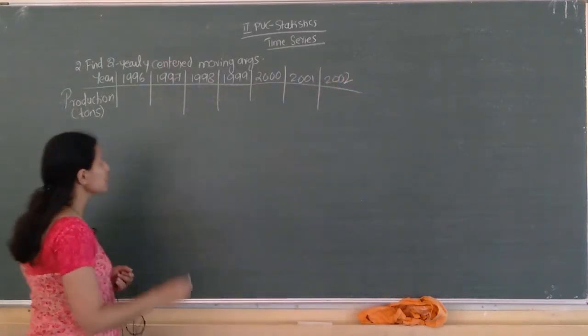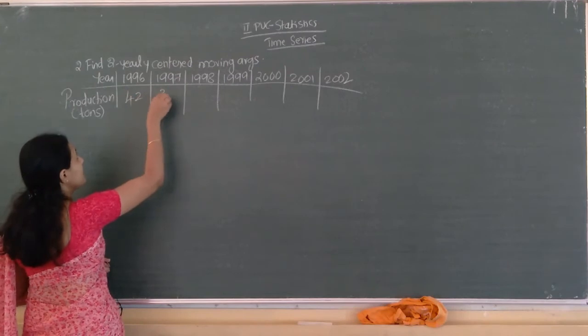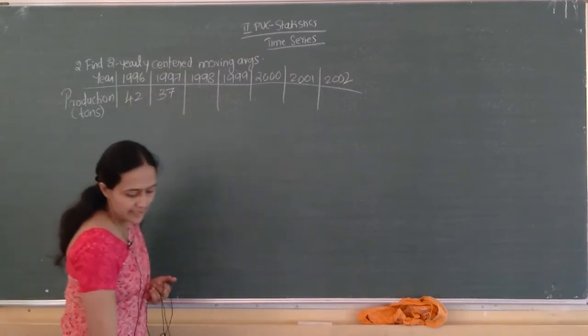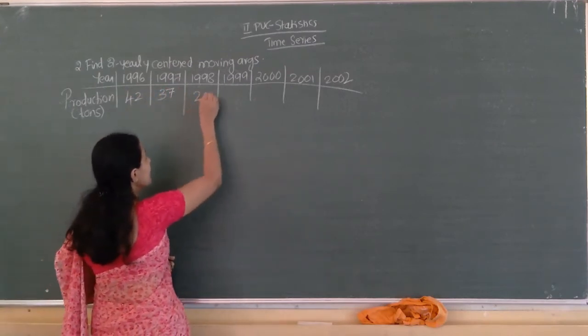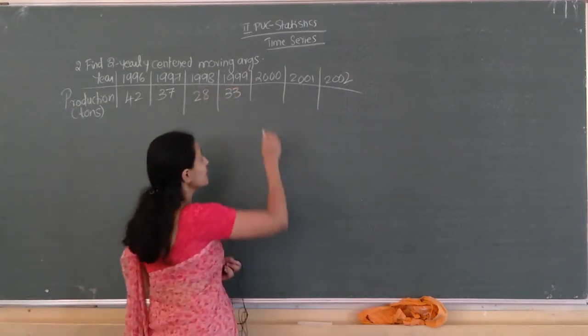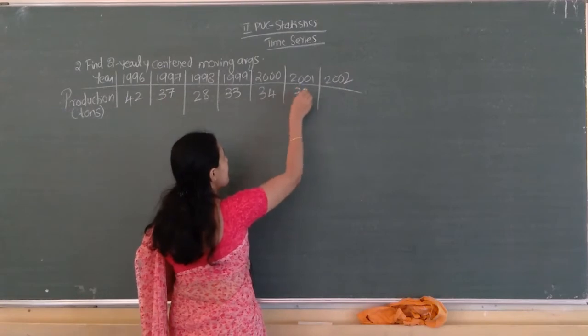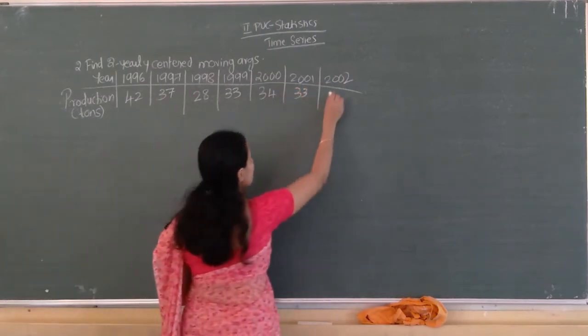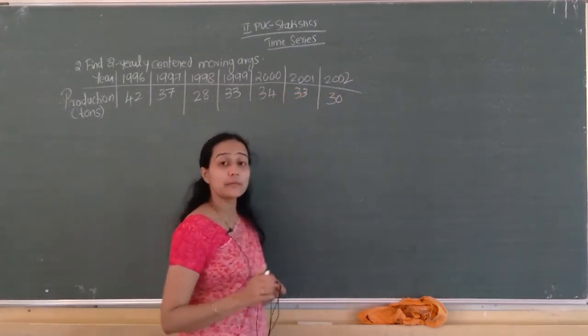The production values are 42, 37, 28, 33, 34, 33, last 30. Okay, so here what we have to do?